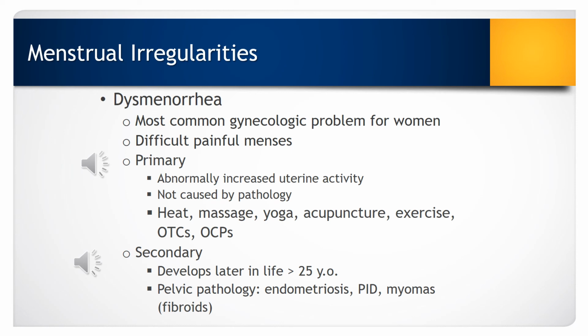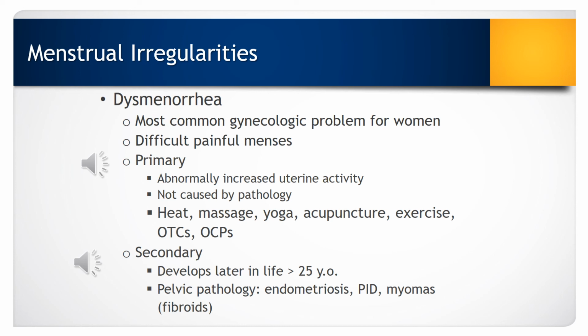So some key things to management or treatment of primary dysmenorrhea, we can use things like prostaglandin inhibitors, i.e. ibuprofen, or other types of analgesics, naproxen, things like that.